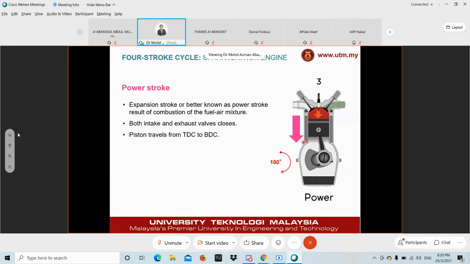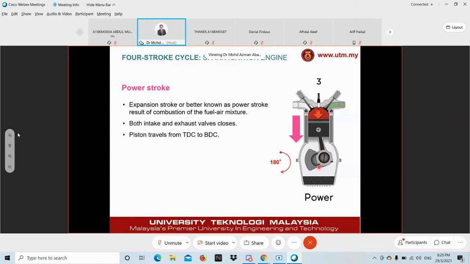Based on the intake stroke, compression stroke, and power stroke, this is the only stroke that actually produces power, because when the gas expands, it creates a force pushing the piston downwards to BDC, and the force is transferred to the crankshaft to rotate.